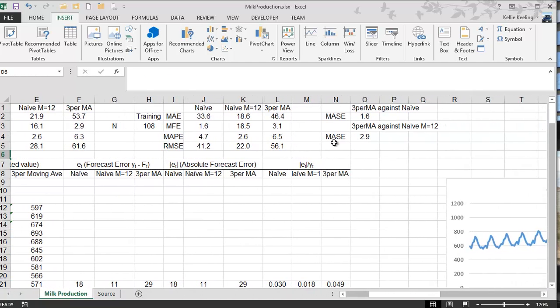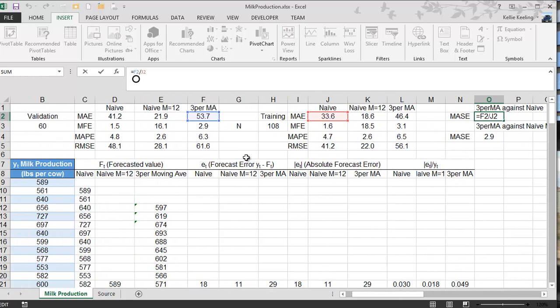Finally, our MASE, this is the one that we can use to help handle zero counts, if we happen to have any zero predicted forecast errors. We can't divide in our MAPE over here, we can't divide by the Y if it's zero. So what we do is we take a ratio of the MAE.